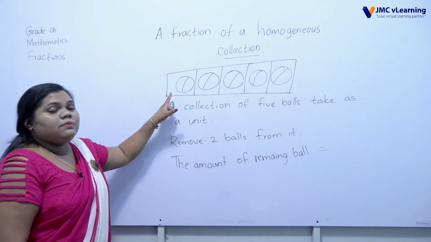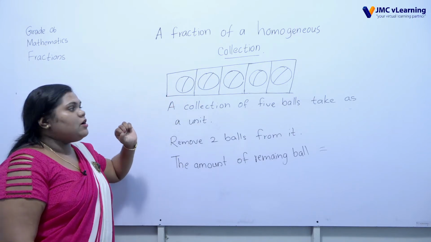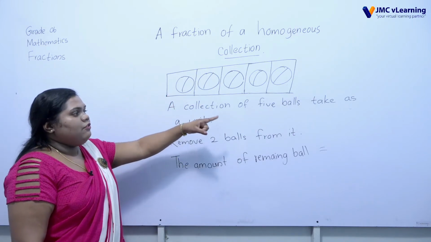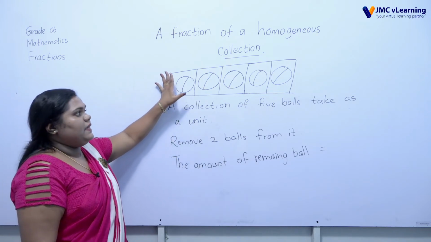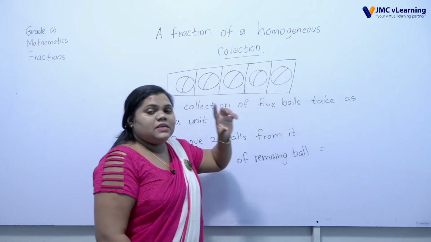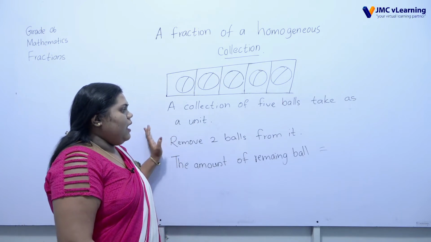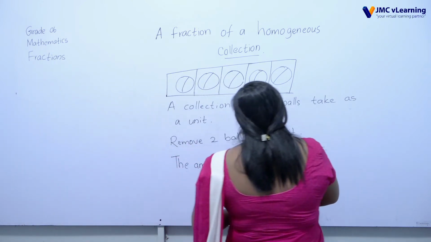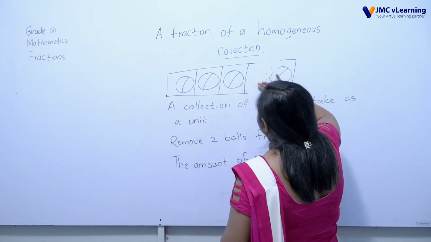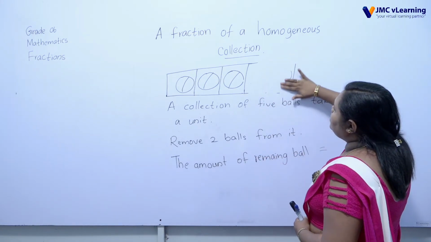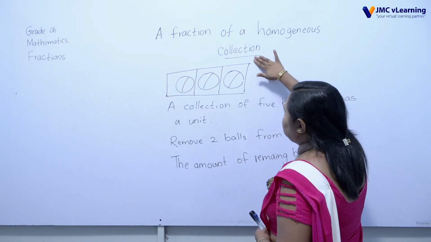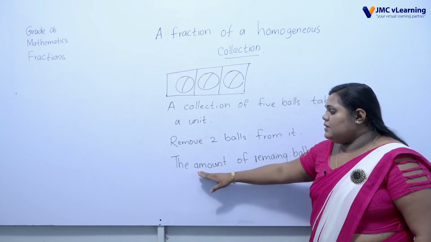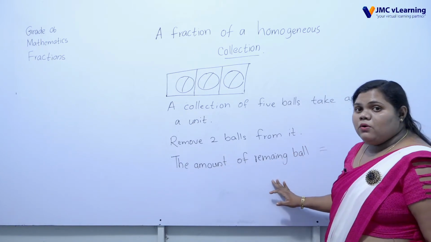Now can you see how many balls are there? 5 balls. A collection of 5 balls is taken as a unit. Now we can take these 5 balls as 1 unit. Now we have to remove 2 balls from it. We want to find the amount of remaining balls.